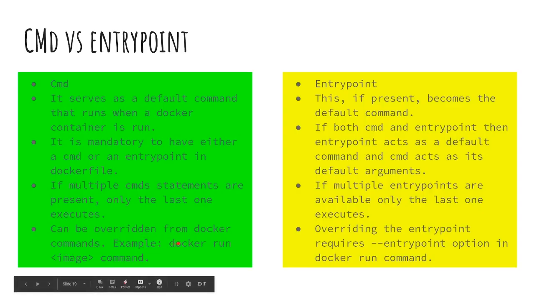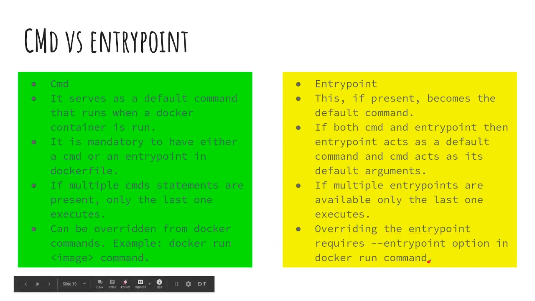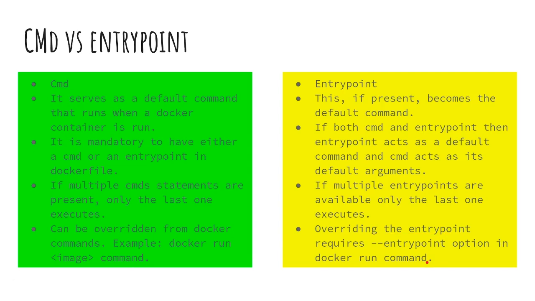Now, the last point is that we can overwrite the Docker commands when we are doing docker run. We have already seen that the last thing that you write inside docker run is what actually replaces the CMD block inside your Dockerfile. You can do similar stuff. You can still overwrite an entry point as well when you do a docker run command, and we will see that.